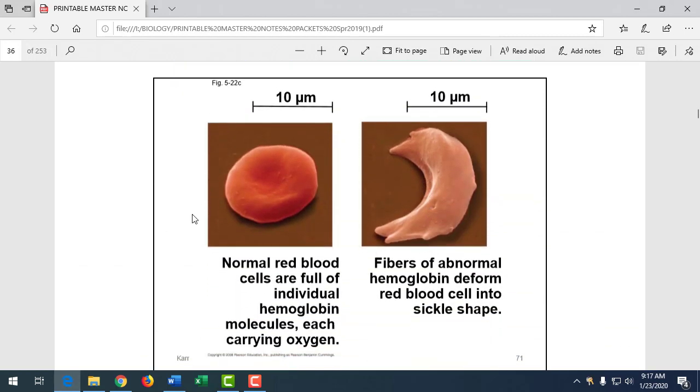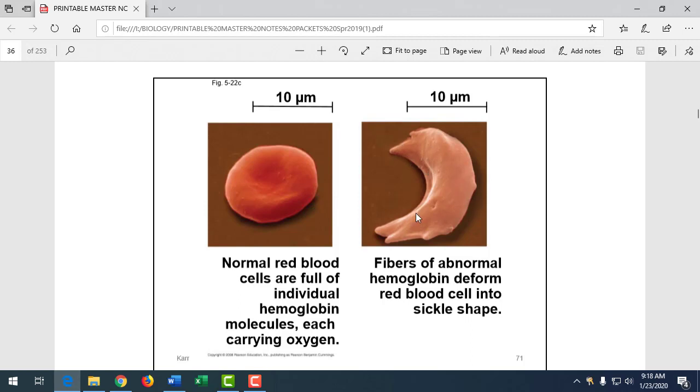Hemoglobin has a very specific shape, and when it has the correct shape, it's nice and round. It can flow through our capillaries, releasing oxygen, picking up carbon dioxide, and keeping us healthy and well oxygenated. But if you have a disease called sickle cell anemia, and one of the amino acids in your hemoglobin is mutated and is a different amino acid, when oxygen levels get low, your hemoglobin molecules change shape, and that changes the red blood cell shape, and they get this sickle shape.